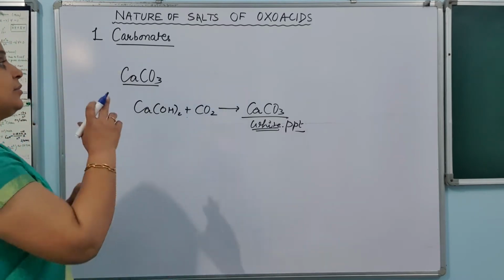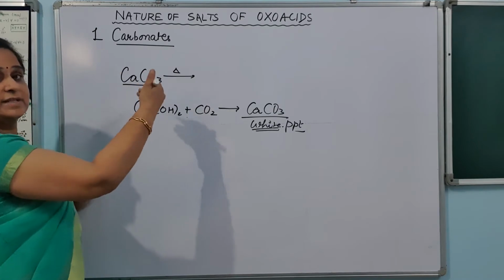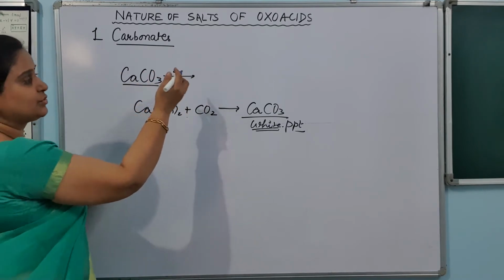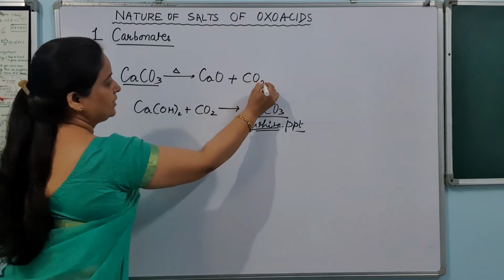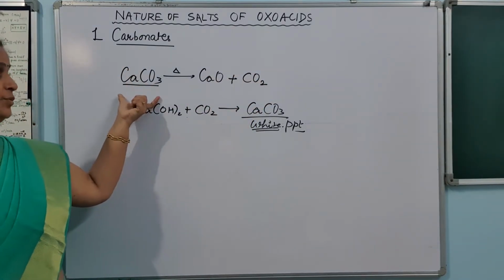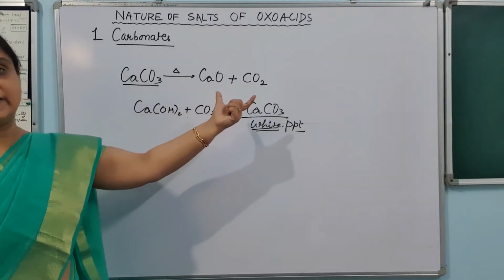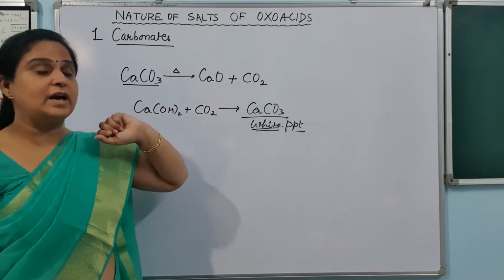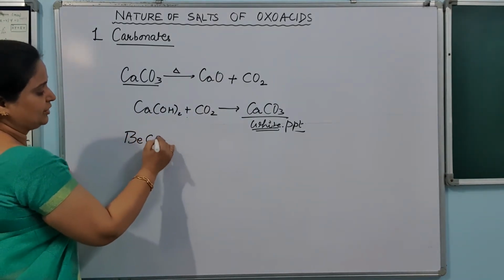Second thing is, when we talk about the heating of these carbonates, we all know this thing. When these carbonates are broken down, they are decomposed to give you oxides and carbon dioxide. So the carbonates of this group are heated to give oxides and carbon dioxide. But there is one carbonate of the first element, that is beryllium carbonate.